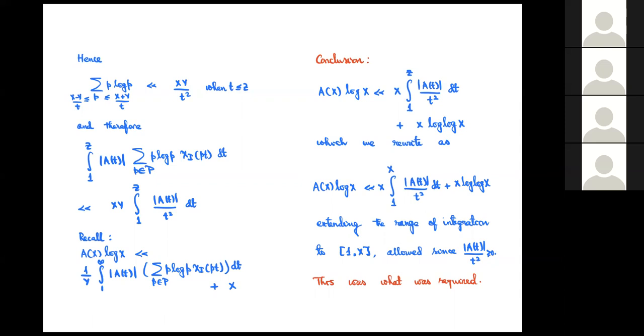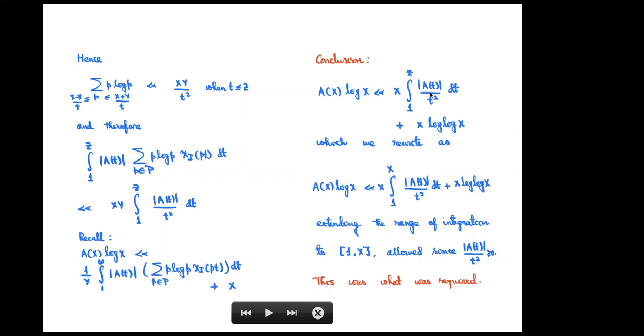Hello, sir. This is Mithun. Sir, this ax times log x is bounded by x log x. Is this log x optimal? It doesn't matter, because finally you're interested in the behavior of ax.